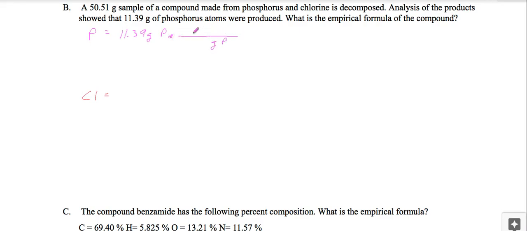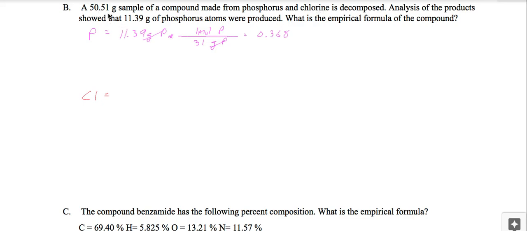Here's my grams of phosphorus. 1 mole of phosphorus is, let's see, grams of phosphorus is going to be 30 point, or I'm going to run 31. End up with a value of 0.368. Now if we look at chlorine, we don't have a mass of chlorine, but we have a total mass of the sample.